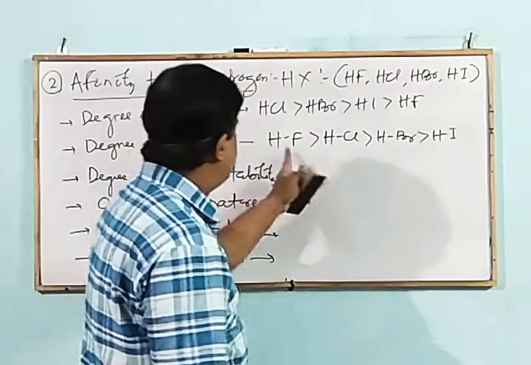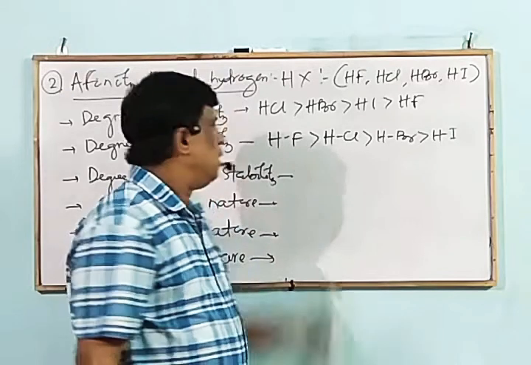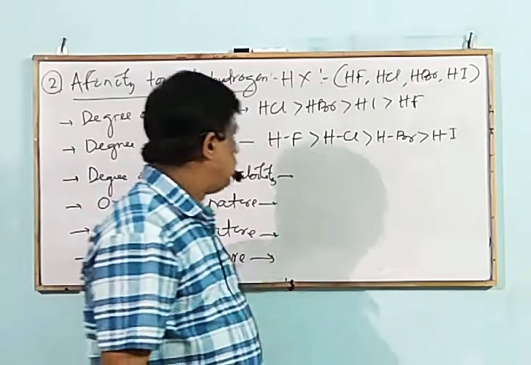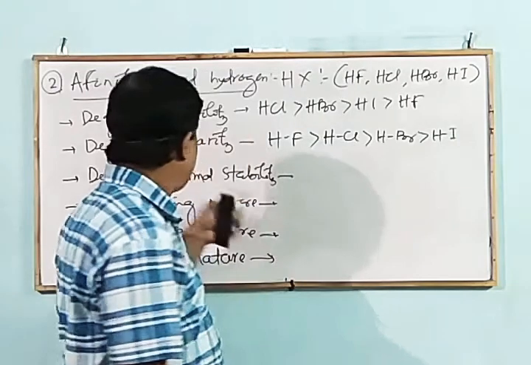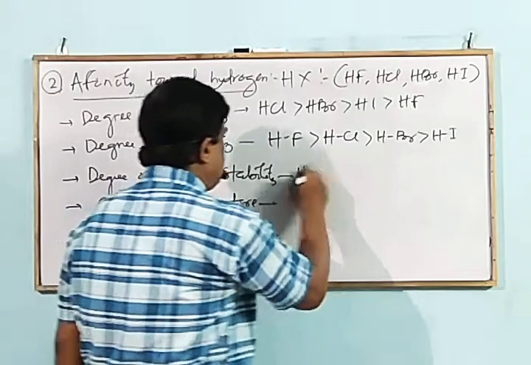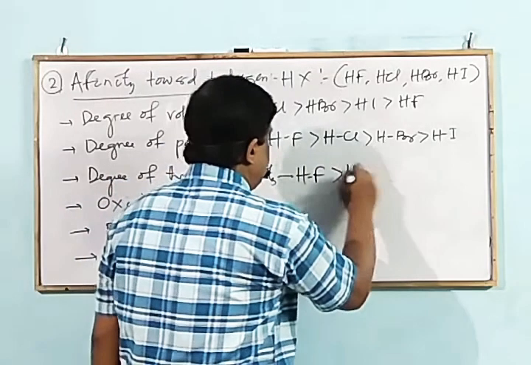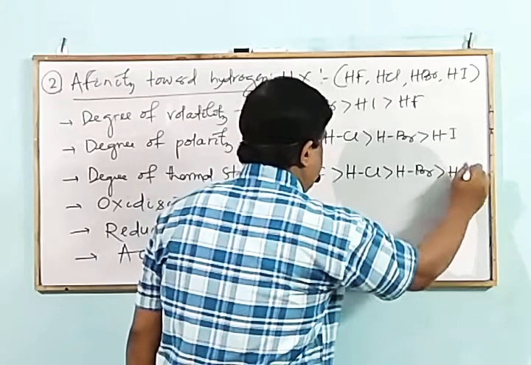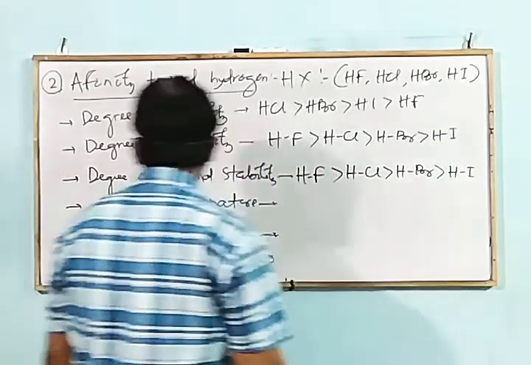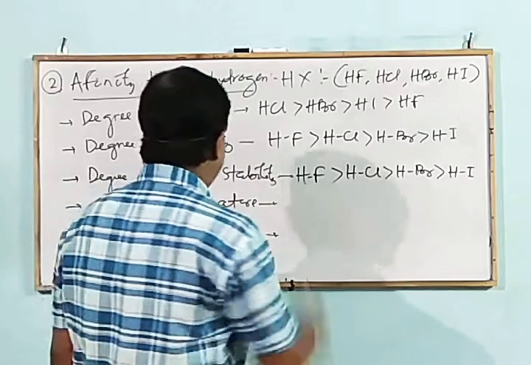Due to the magnitude of van der Waals force and also the hydrogen bonding, HF is the strongest one, so the thermal stability decreases as HF, HCl, HBr and HI.